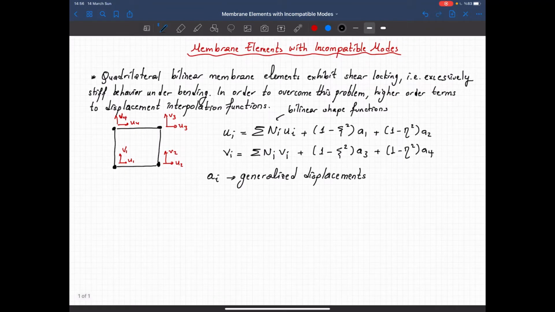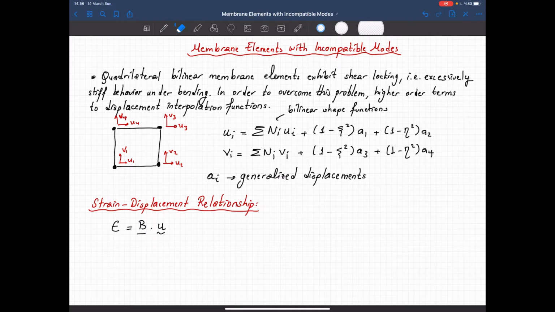So let's take a look at what will happen if we calculate the strain displacement relationship with these new shape functions. So I'll again write this relationship. I have to figure out what the B matrix is so that I can calculate the element stiffness matrix.